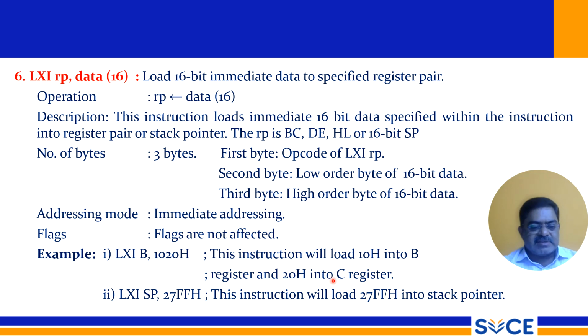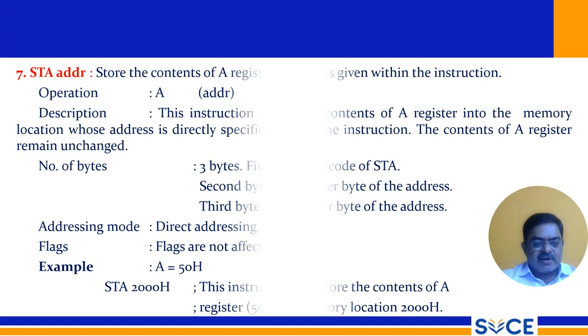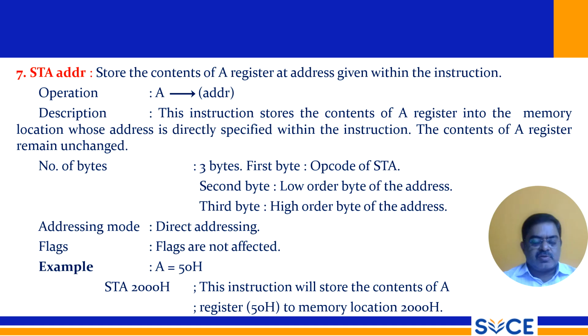The register pair is BC, and there is no need to mention C here, it is only B. This is one example. You can give an example for each instruction, so that will fetch you full marks.